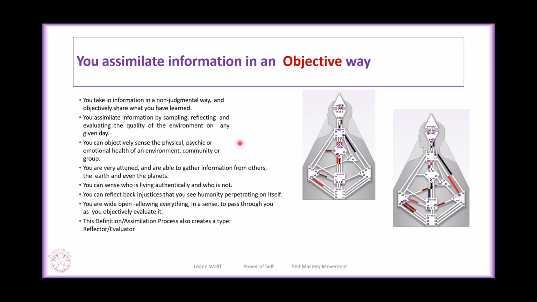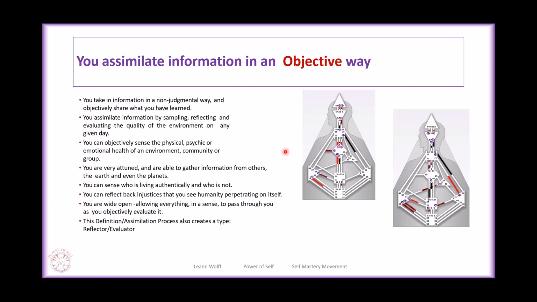You can objectively sense the physical, the psychic, or the emotional health of an environment, community, or group. You are very attuned and are able to gather information from others, the earth, even the planets. And you can sense who is living authentically and who is not. And you can reflect back injustices that you see humanity perpetrating on itself.